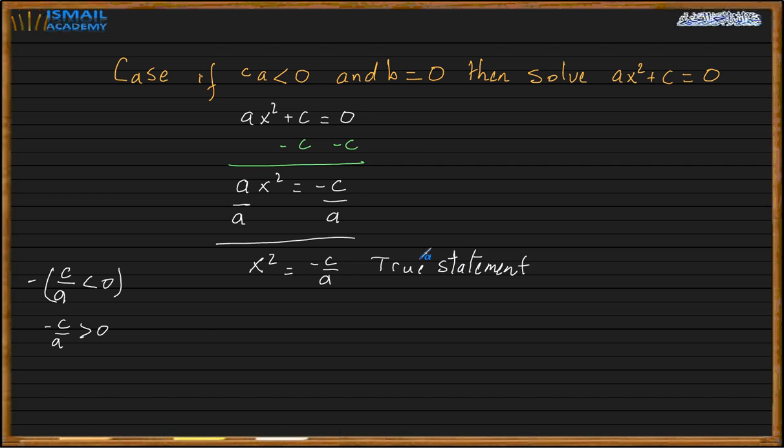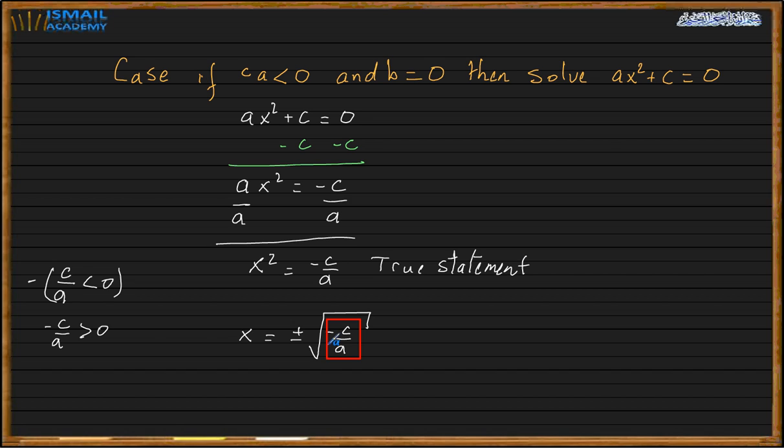So what I do now, I can take the square root. So I will have x equals plus or minus the square root of minus c over a. Guys, don't get confused if a minus is inside the square root. Keep in mind, we're not dealing with the minus, we're dealing with the whole thing here, and the whole thing is positive.